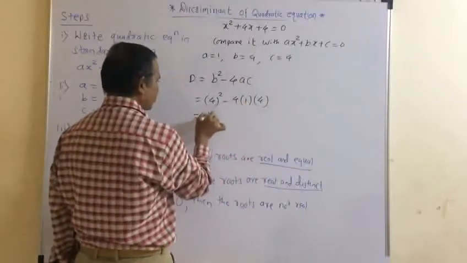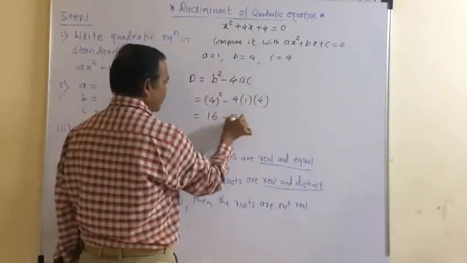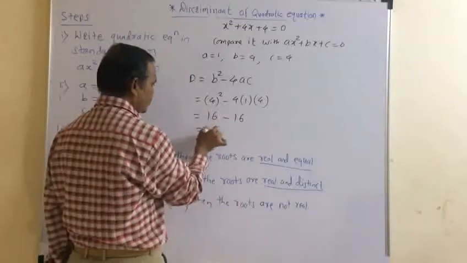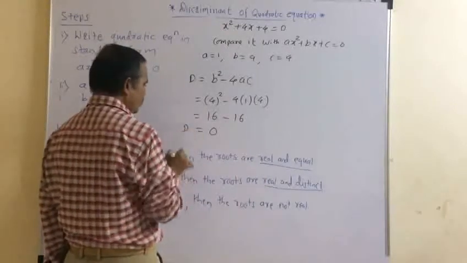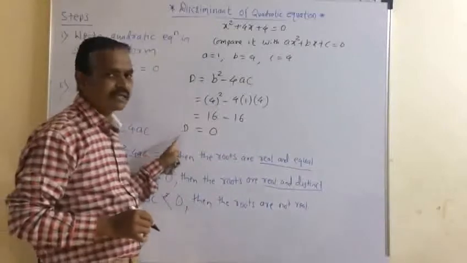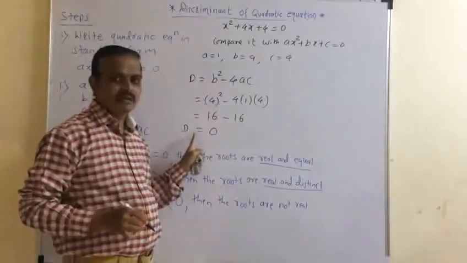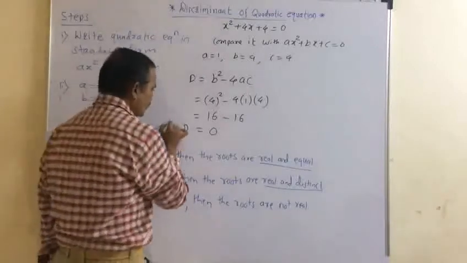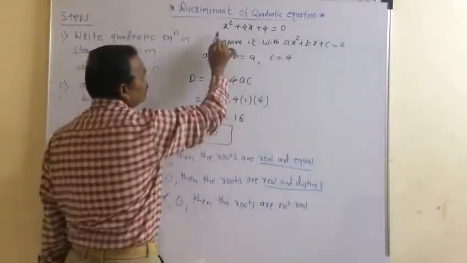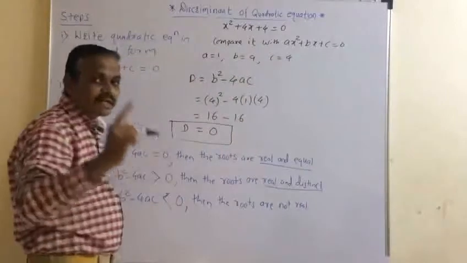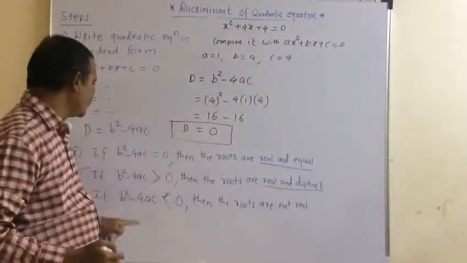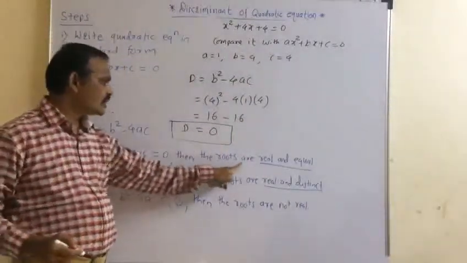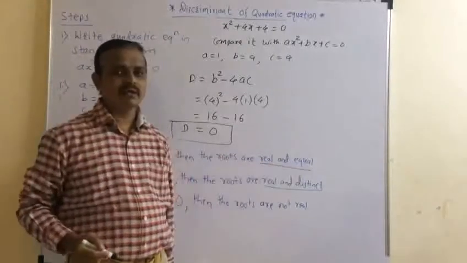Here 4 square is 16 minus 16, and the subtraction gives 0. So the discriminant b square minus 4ac is equal to 0. For this quadratic equation, the roots are real and equal.